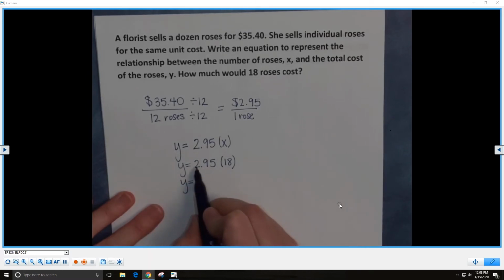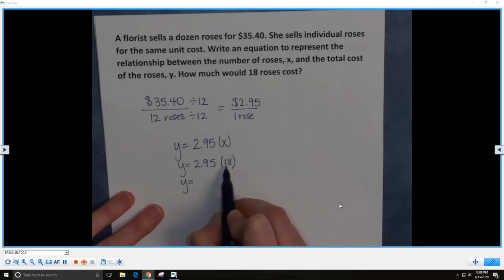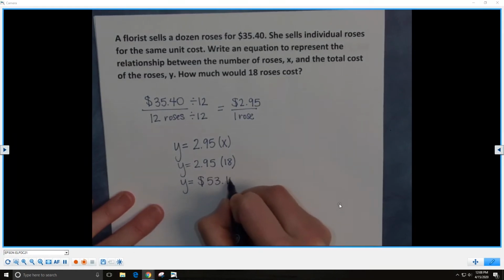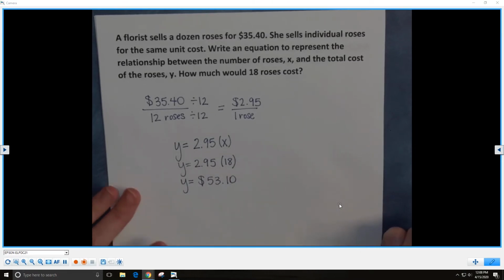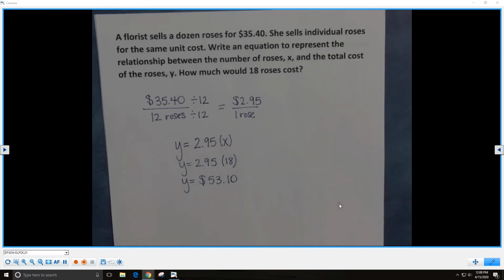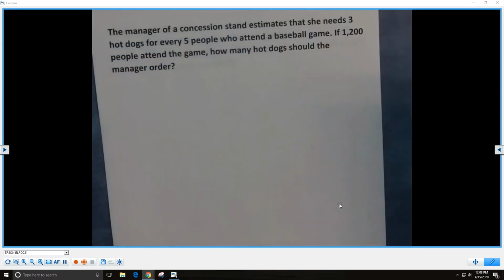Doing the multiplication of $2.95 per rose times 18 roses, I'm going to find out that it costs $53.10. So using the constant of proportionality and the equation, we're able to calculate that it would cost $53.10 to purchase 18 roses.